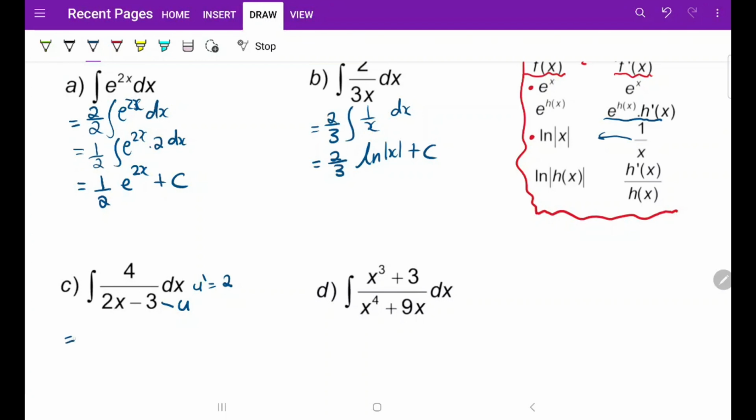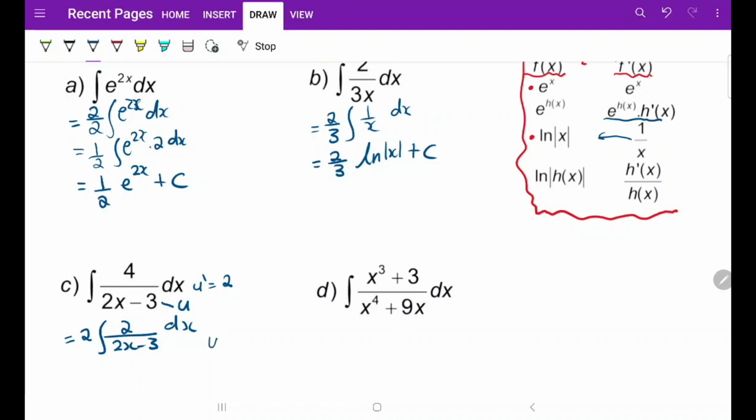Therefore, we can rewrite this integral such that we've got the function 2x minus 3 and its derivative at the top. What we'll do is split 4 and write it as 2, but because the constant, we'll use it on the outside. So this becomes 2 over 2x minus 3 dx. You can clearly see that the denominator is the function, and at the top is the derivative.